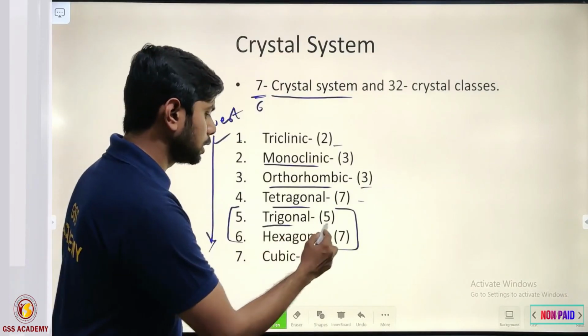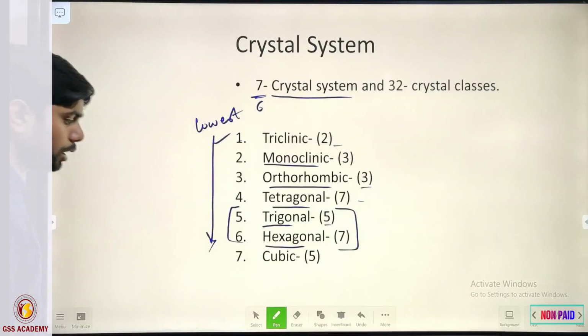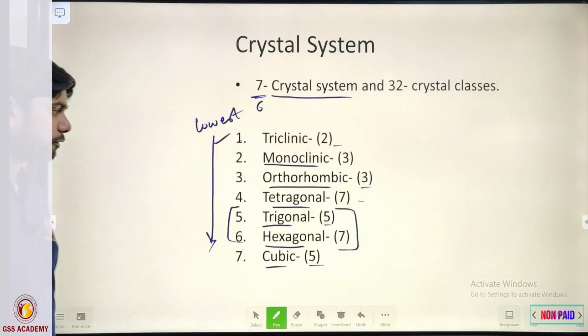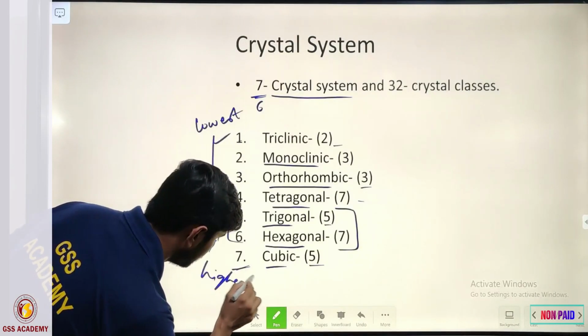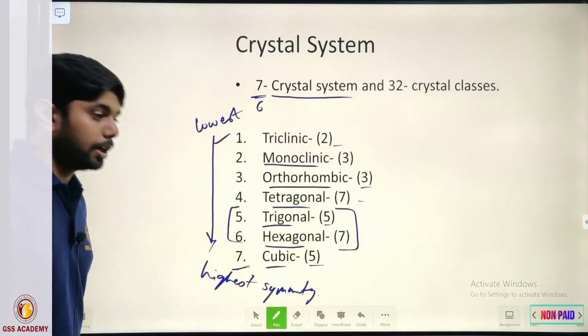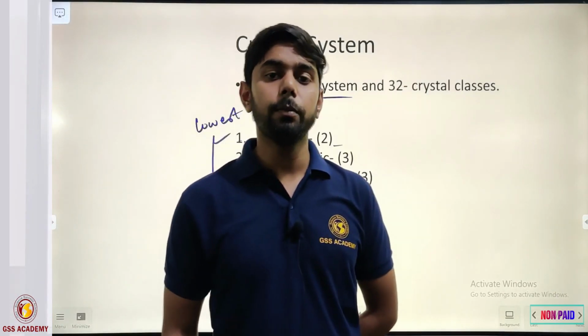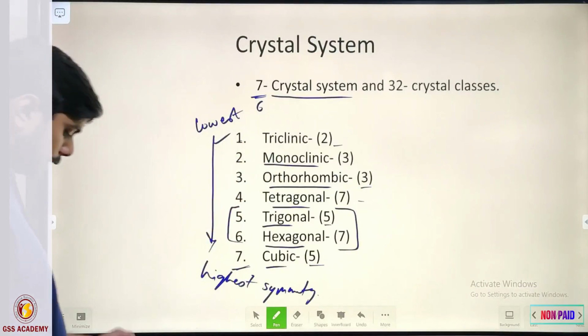Then trigonal consists of 5 crystal classes. Hexagonal consists of 7 crystal classes, and cubic consists of 5 crystal classes. And cubic has the highest symmetry. The normal class of the cubic crystal system is the highest symmetrical class of all the existing 32 classes.